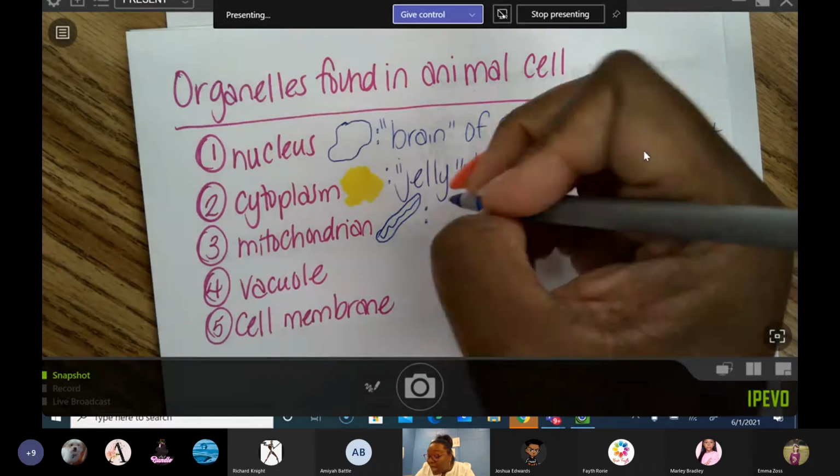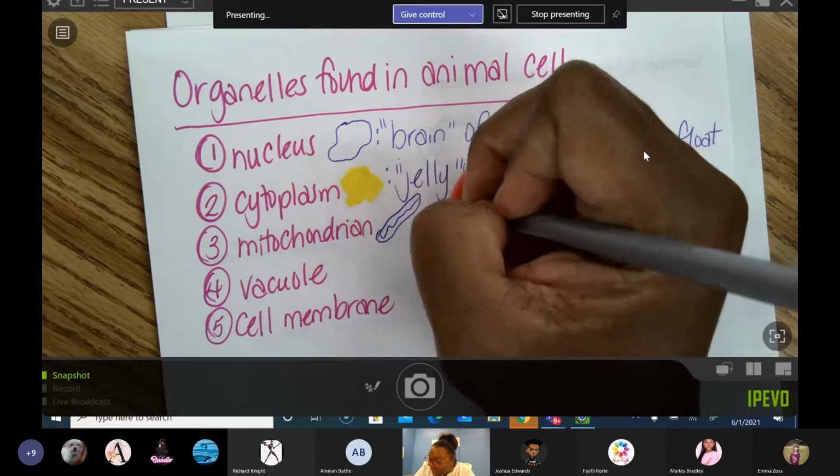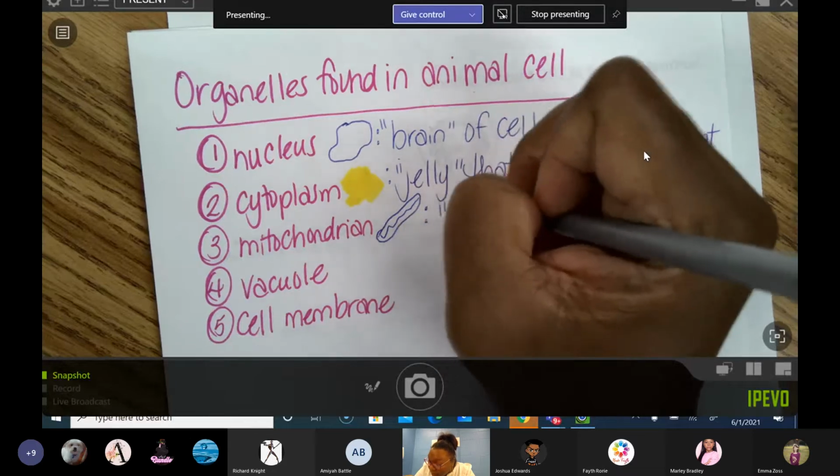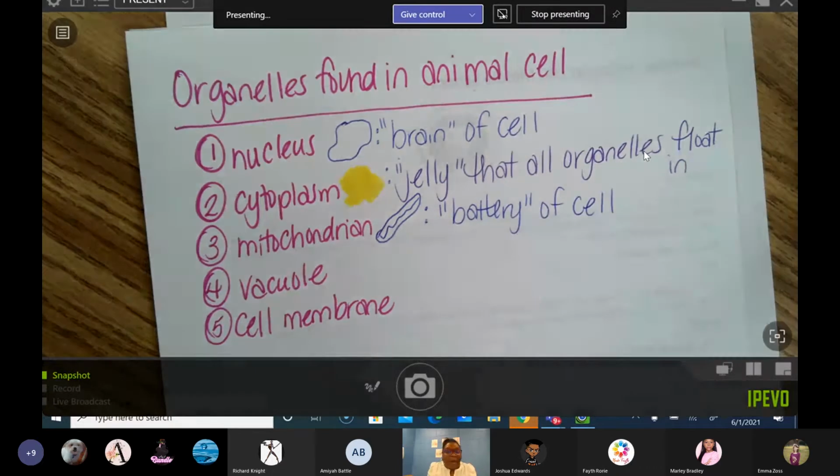So the mitochondrion, this is where respiration takes place. And this is the battery of the cell. This gives the cell the power to eat, to turn its food into energy, okay, to store or get rid of food and waste. If we didn't have that mitochondrion there, our cell wouldn't necessarily be alive.